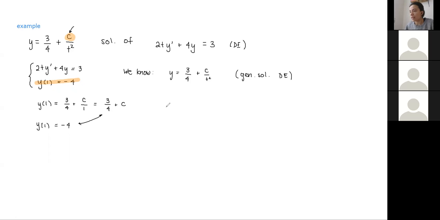That means 3/4 plus c is equal to -4, which means c is equal to -4 minus 3/4. And so that's -16/4 minus 3, which is -19/4. Can I see a show of hands for those of you who understand this?